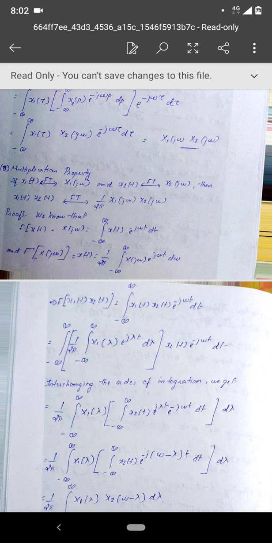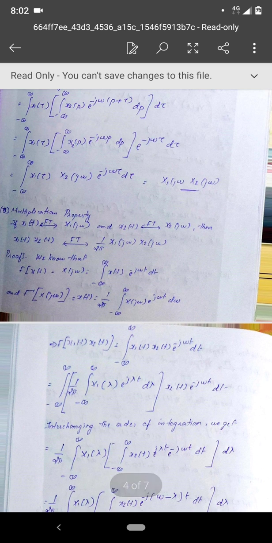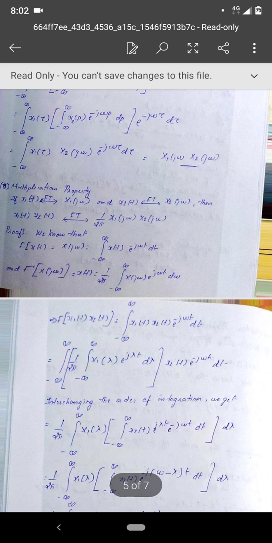So if you convolve two signals in the frequency domain, that is x1 of j omega convolved with x2 of j omega, and multiply that with 1 by 2 pi, what is the result? That is simply x1 of t multiplied by x2 of t in the time domain. Same arguments, same techniques that we used in the derivation of the convolution property explained in property 7, we are using here.